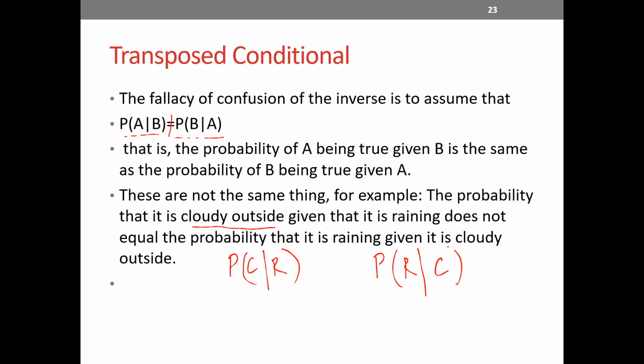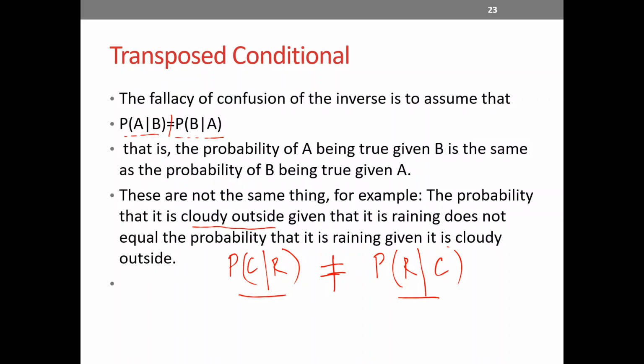Just think about it, right? So these are not equal, right? This example is easier to understand and visualize. Based on this example, you should take extreme care while framing either this or this, understanding that these are not equal.